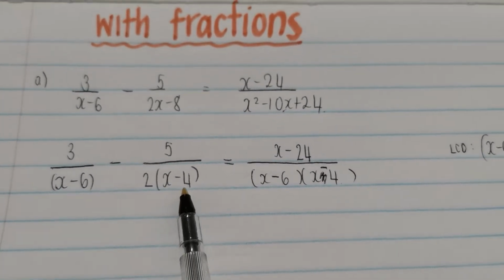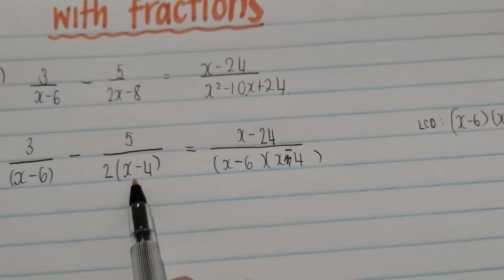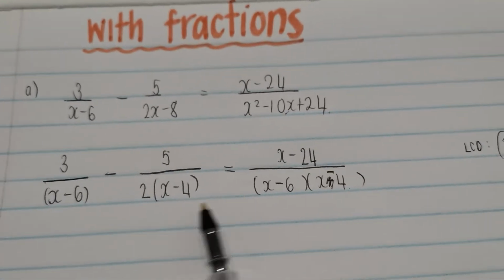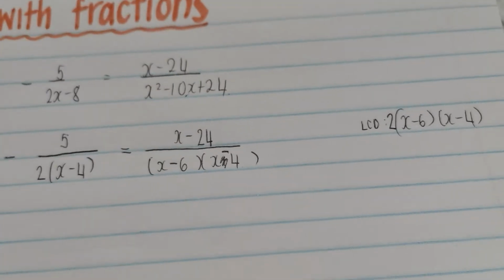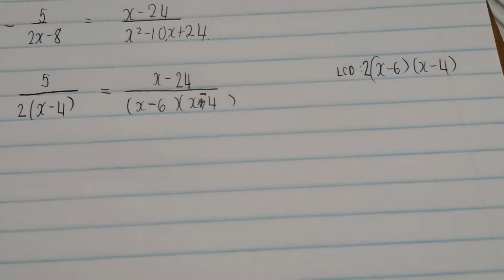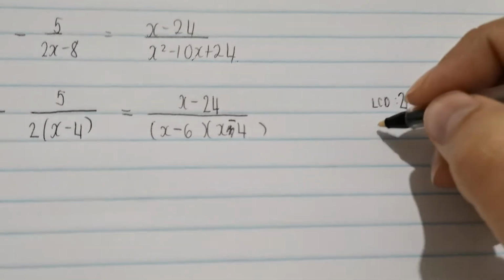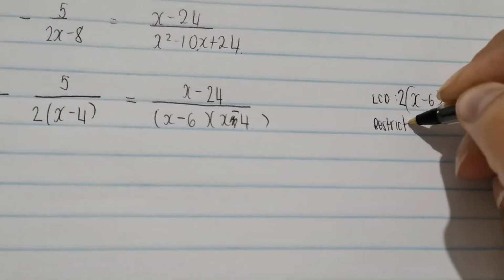I got a x minus 4, so let's collect that. So it happens to be here and here. And I noticed there's a 2, so we got to collect one of those. So that's my LCD. Once you do your LCD, then I also said, if you were taught by me, you need to write down some restrictions. So let's write down our restrictions here.